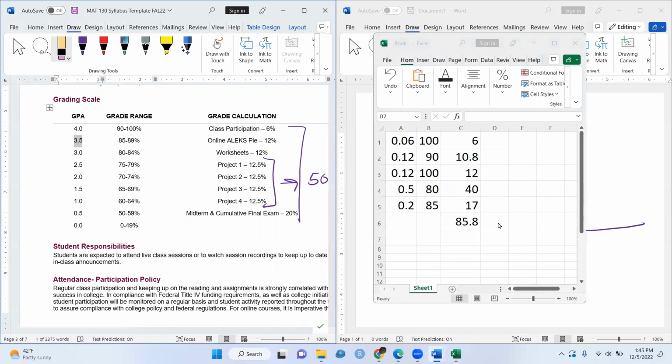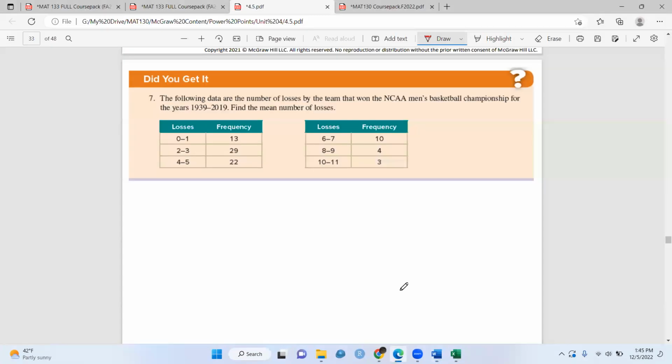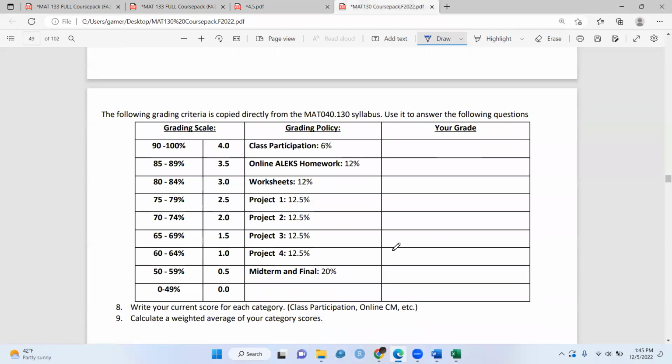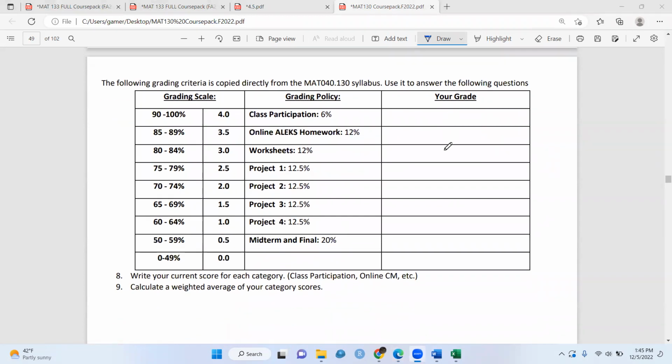All right, so I want to see you all do this, but we've got some challenges. Jump to your worksheet, and if you look at what I did, I copied in this grading policy. Your job is to go look up your current grades in Jetstream for each of these.